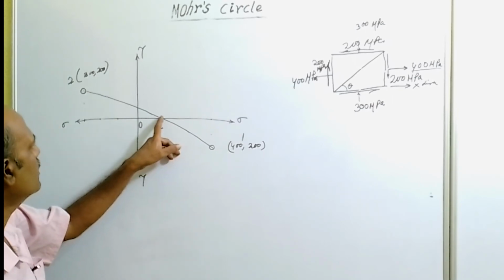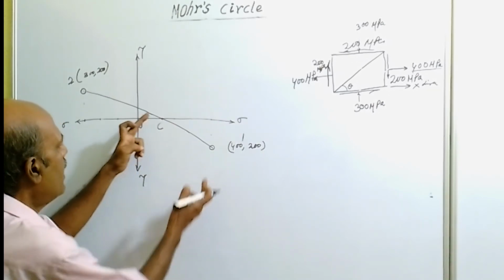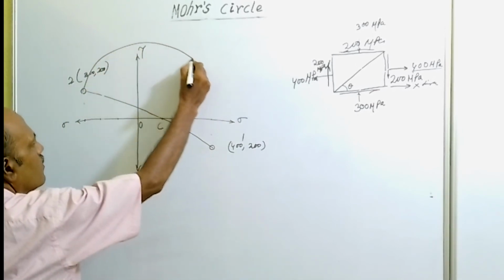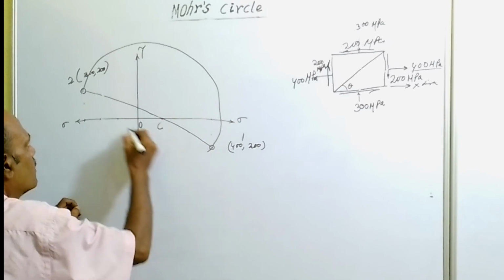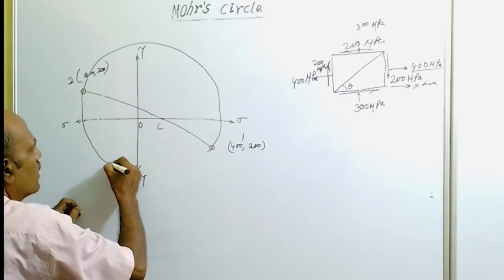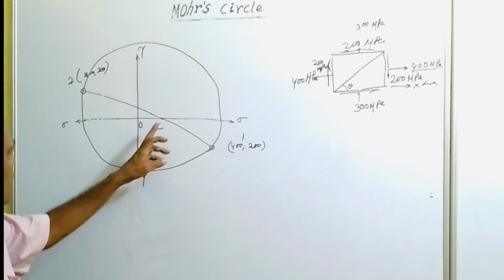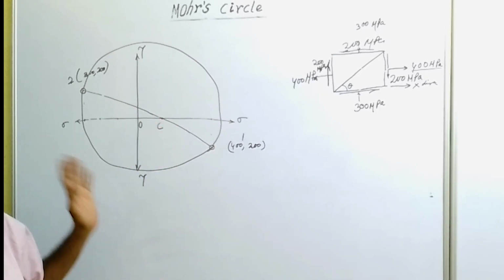Now consider this as the center of the Mohr circle and this as the radius. So complete the circle. This circle becomes the Mohr circle. This is the center of the Mohr circle, right?